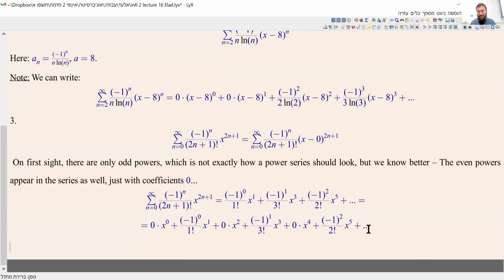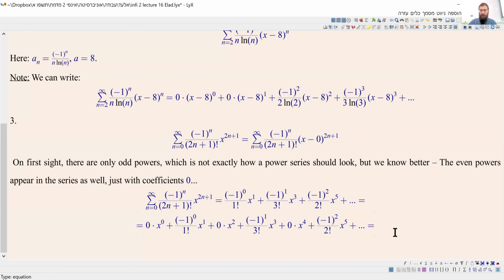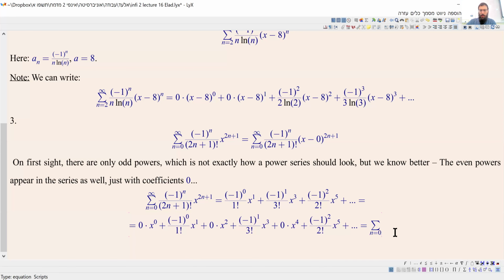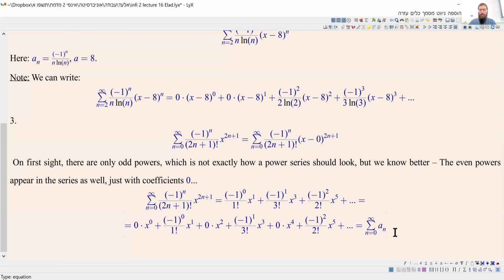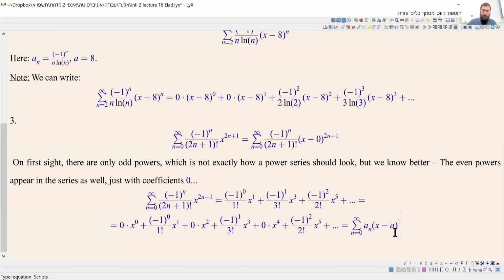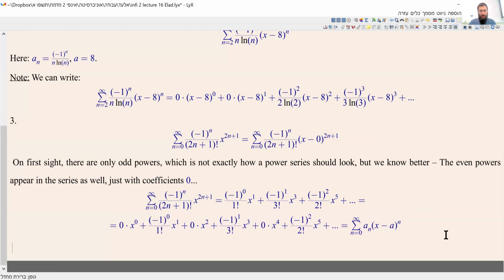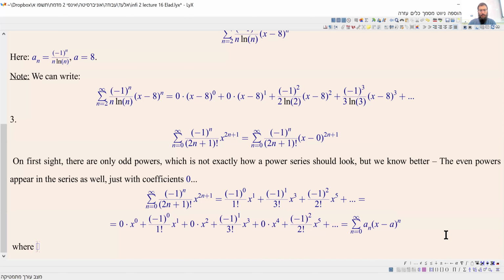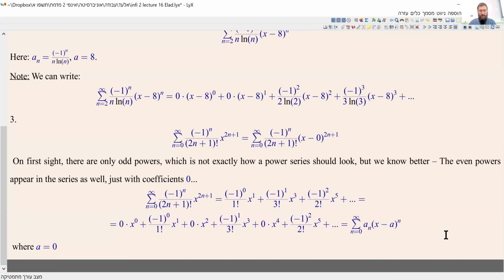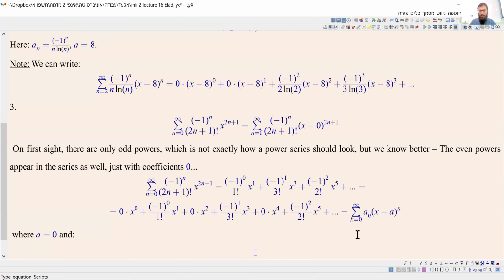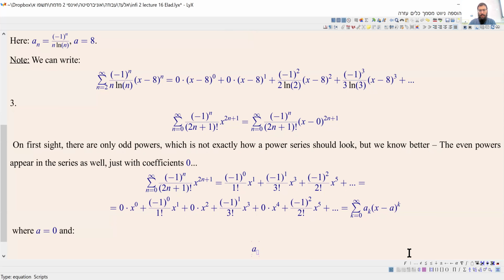And getting to here, one can say, you know what? I can write down the sum going from 0 to infinity of a_n times x to the power of n, where a is just 0. And what is a_n? Maybe we use a different letter, a_k.